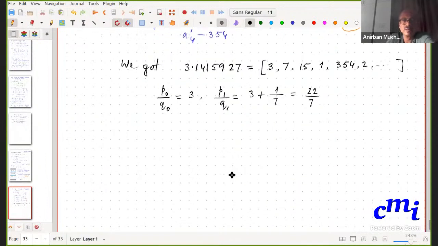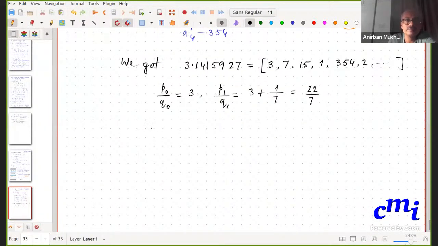And then what do we have? Notice one important thing. Since you have a very large partial quotient here, we have noticed this earlier in some context where we had this same situation.